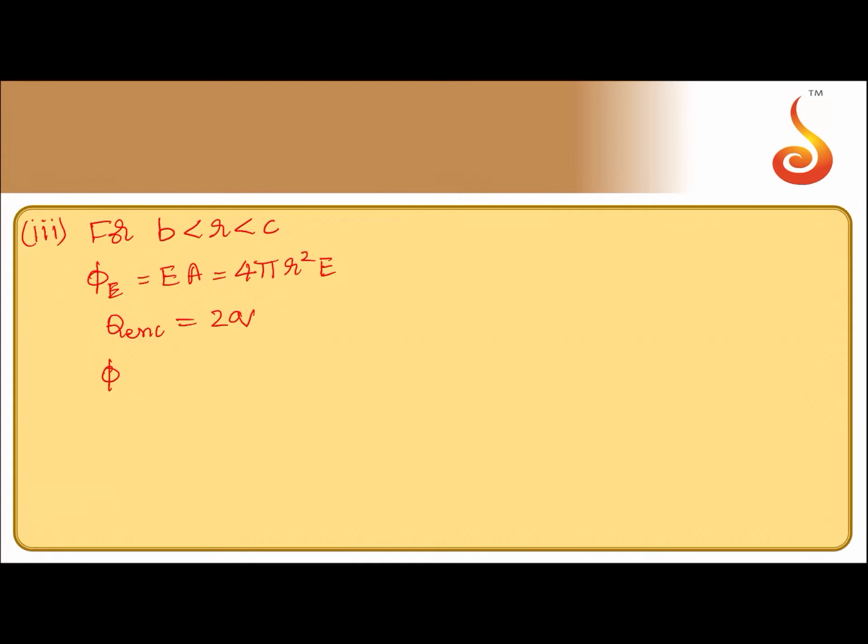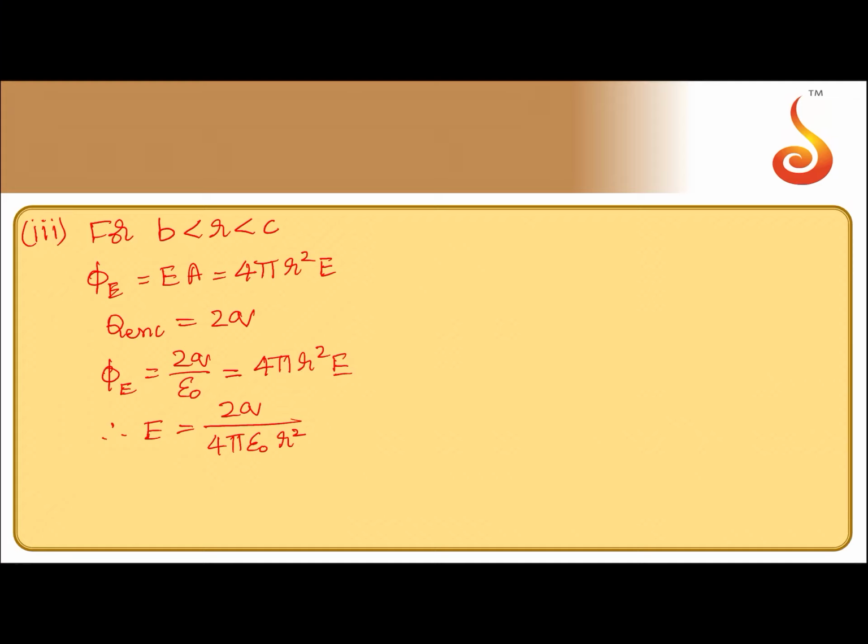So according to Gauss law, phi E is equal to 2q by epsilon naught, that should be equal to 4 pi r square into E. So therefore E is equal to 2q divided by 4 pi epsilon naught r square.